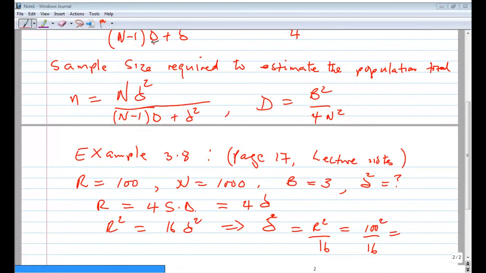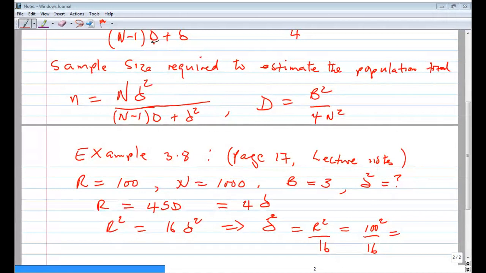In other words, it's supposed to be SD. Actually, I made a mistake by putting a dot there. Let me write it nicely so that you can see. SD for standard deviation.